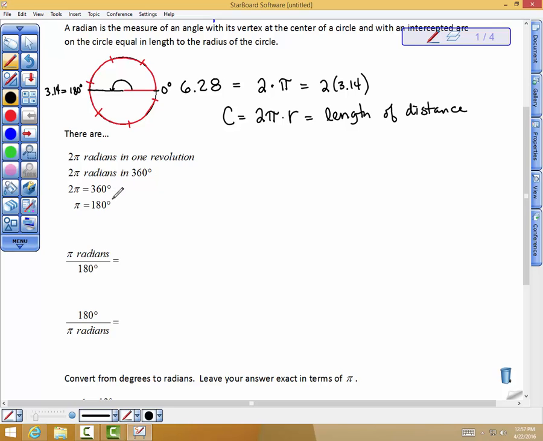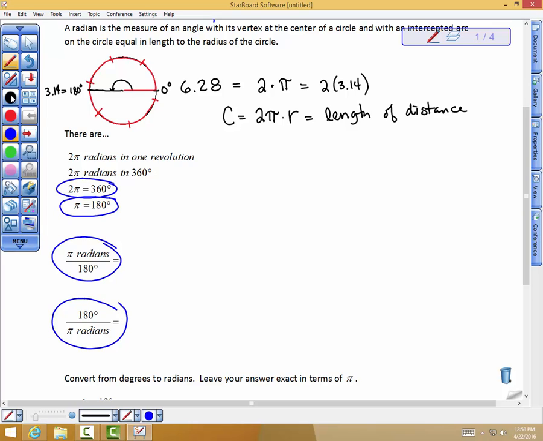So what I've written here is that there are pi radiuses, called radians, in 180 degrees. And if I go all the way around the circle, there are 6.28 radiuses in 360 degrees. This right here is a conversion factor. I'm going to use that to convert from degrees to radians.